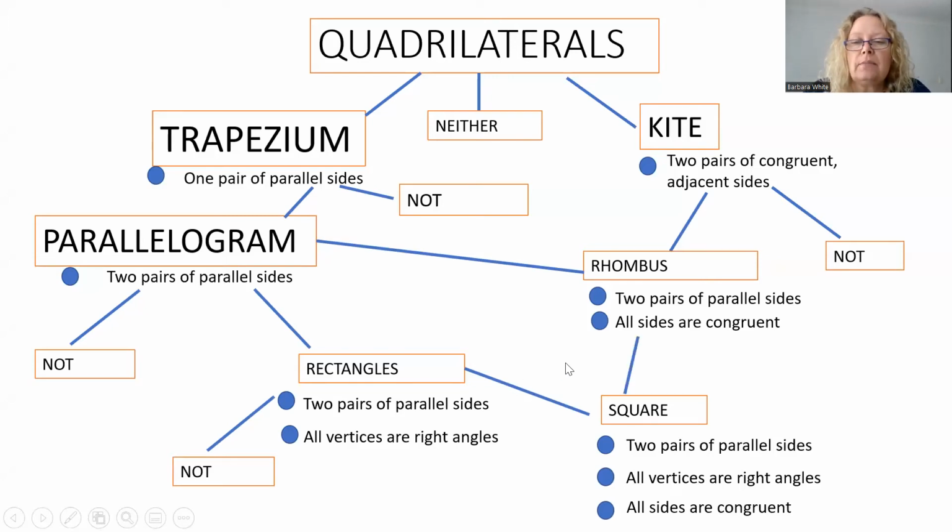And the rhombuses can be squares if they have the two pairs of parallel sides, all sides congruent, but also they have the right angles. So a rhombus with right-angled sides is a square, and a rhombus without right-angled sides is not a square. So that's the end of that chart. We'll copy it down, and we'll go back to the other page. Here we go.